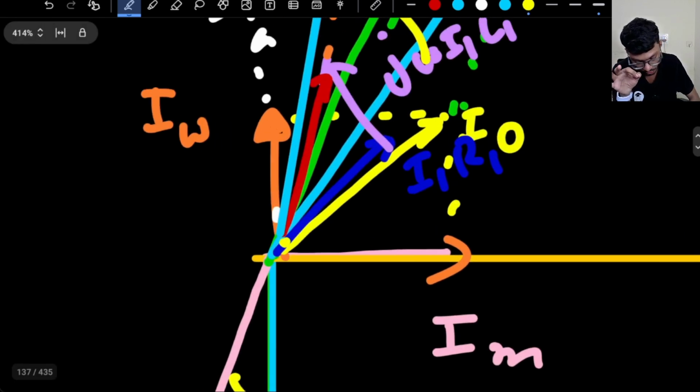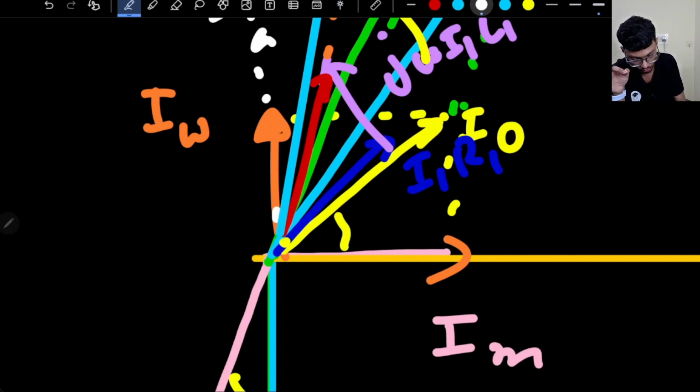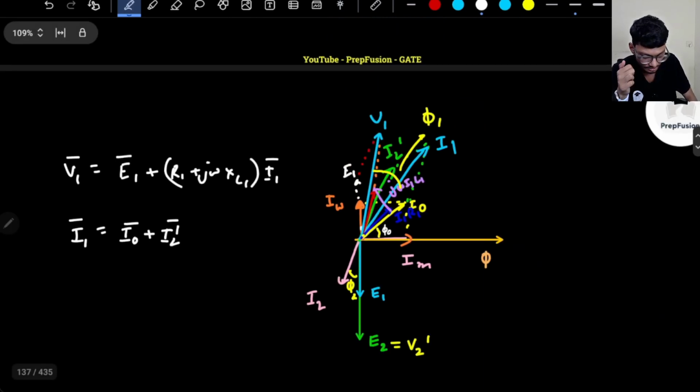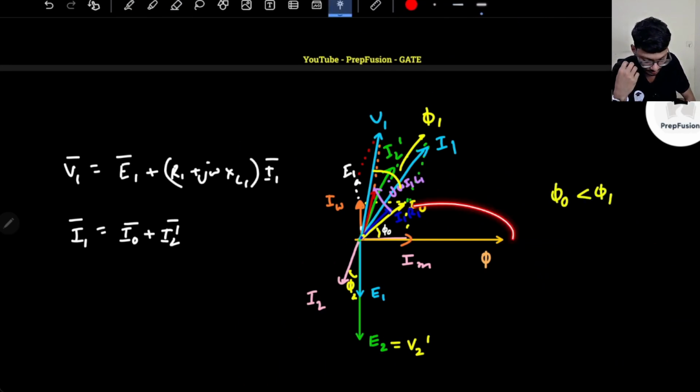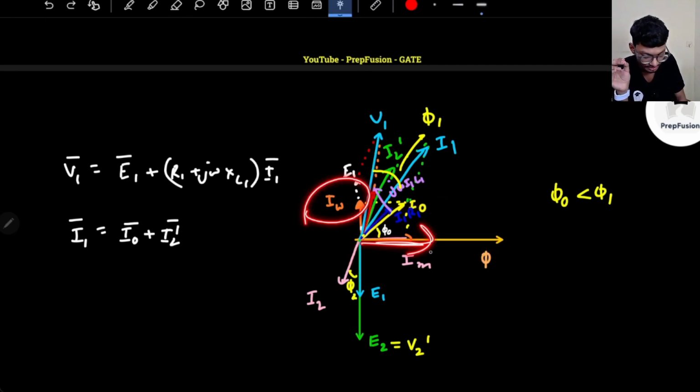One more comparison I want to do. This angle between the magnetizing current and the no load exciting current is known as phi 0. Generally your phi 0 will be very low compared to phi 1. Why will it be very low? Because mostly it is the magnetizing component of the current. The core loss component is very low, so it is dominated by Im.